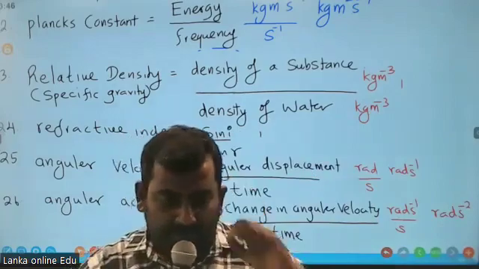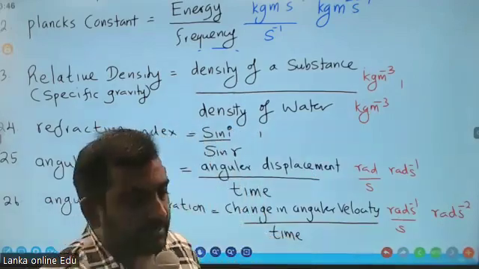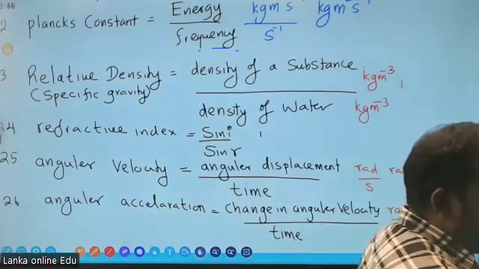Put 1, 2, 3 and write. First one, speed and velocity.